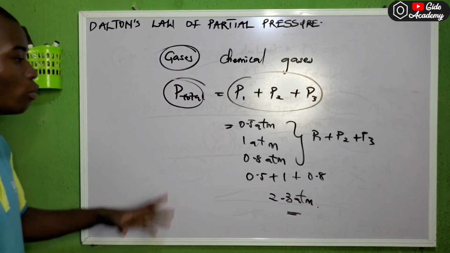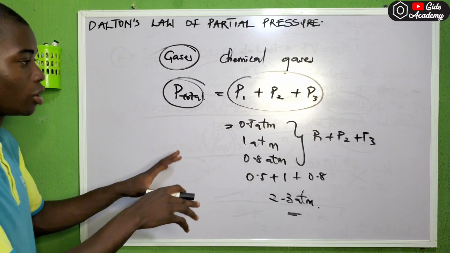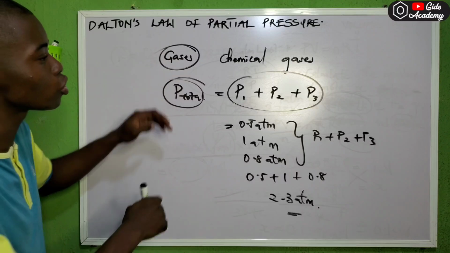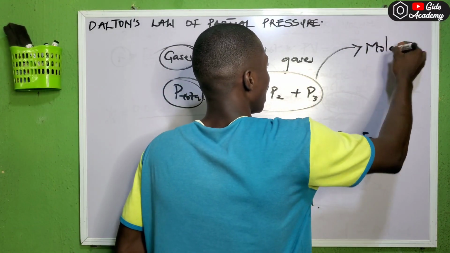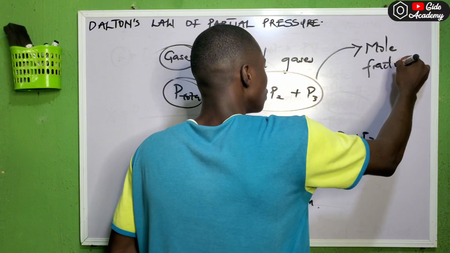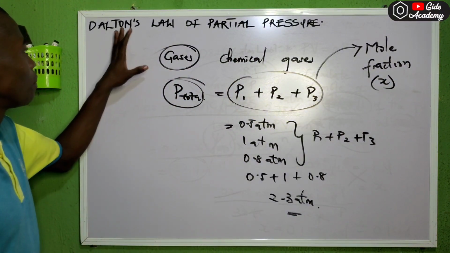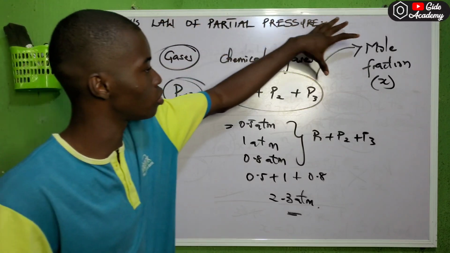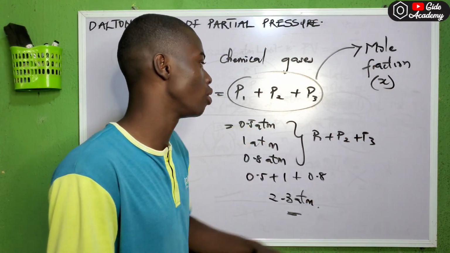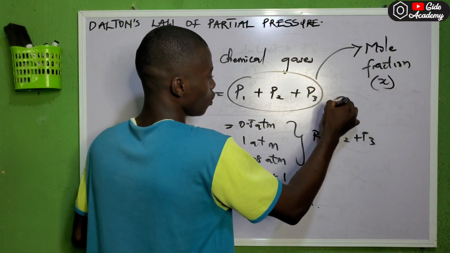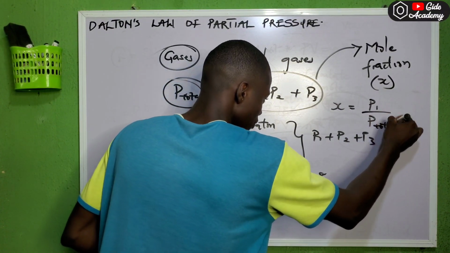So that's just Dalton's law. This is the only thing they possibly explain in partial pressure. Then partial pressure will also lead us to a concept called the mole fraction. This mole fraction is denoted by the symbol S, whereby S is equal to P1 over P total.